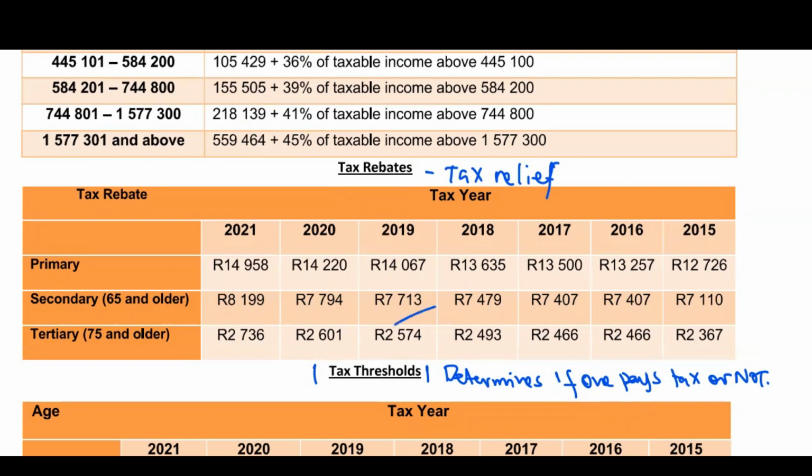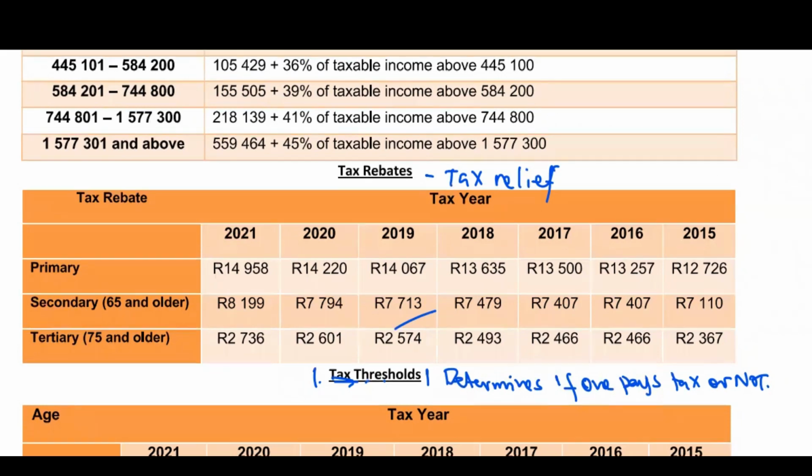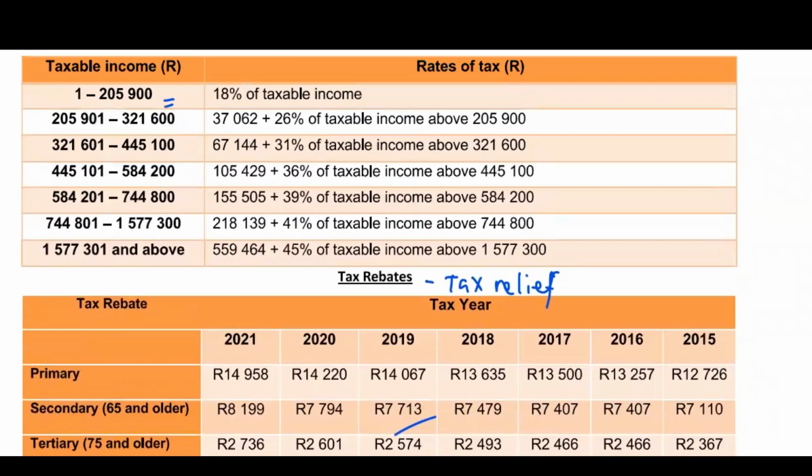When we are calculating threshold, we use it just to determine will the person pay tax or not. So rebates are a relief given by the government to taxpayers, and we subtract it from all the tax that a person has to pay.